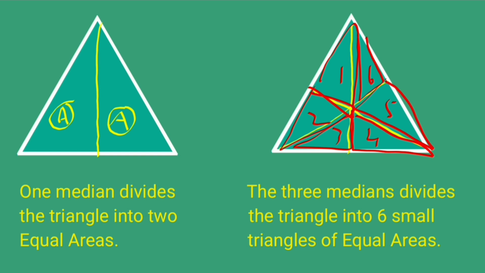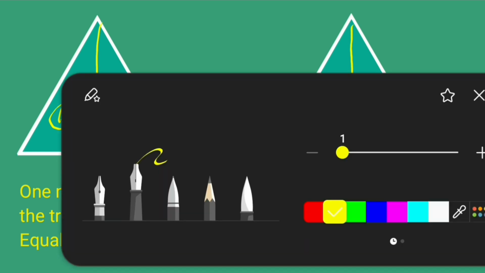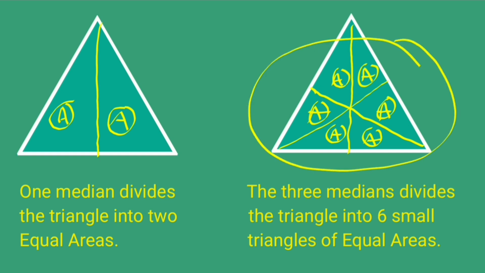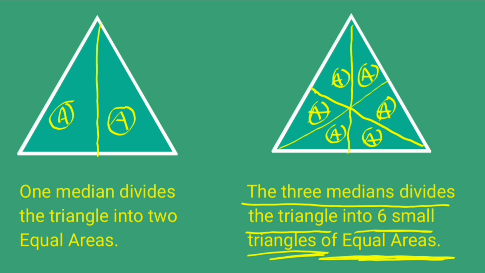And these six triangles have equal area. That is the statement written here. The three medians divide the triangle into six small triangles of equal area.